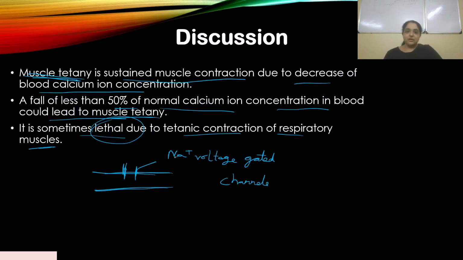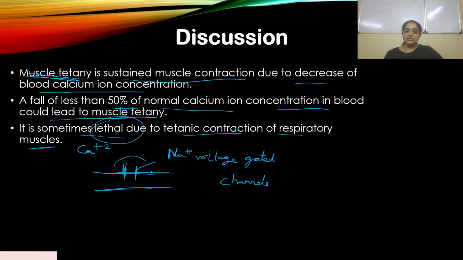They obviously cause depolarization of the neuron. Now what I'm trying to tell you is how low calcium affects this muscle tetany. When depolarization occurs, sodium voltage gated channels function at a particular voltage, right? So depolarization occurs, sodium ions move in, but this is due to the calcium ions present in the blood.